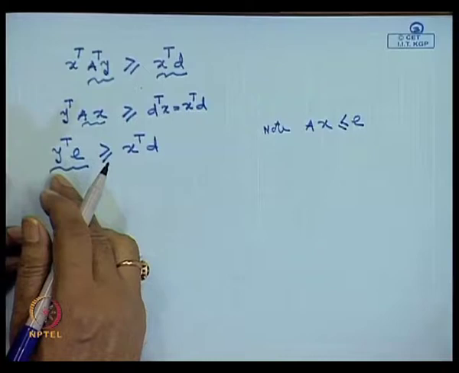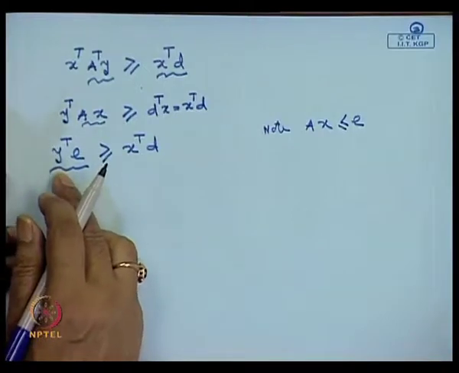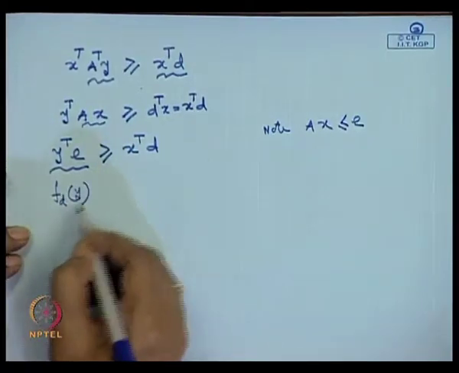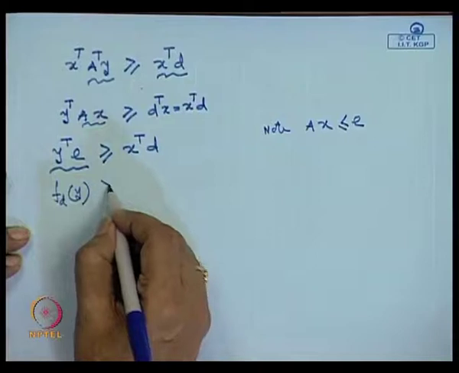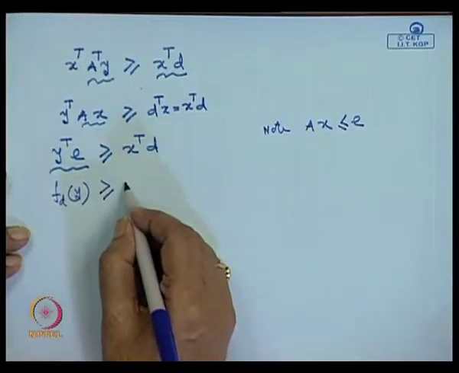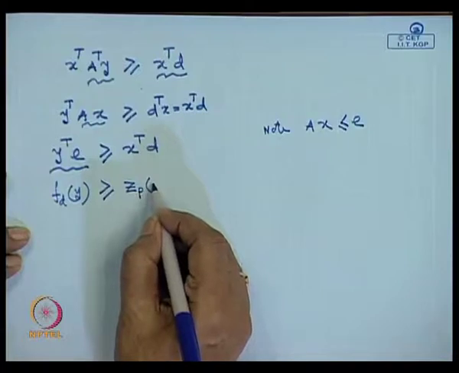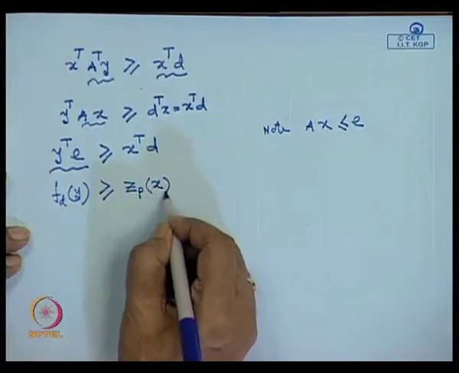This is nothing but the objective function value of the dual problem. So I can write that f, the dual objective function, which is a function of y, is greater than or equal to the objective function value of the primal problem, which is a function of x.